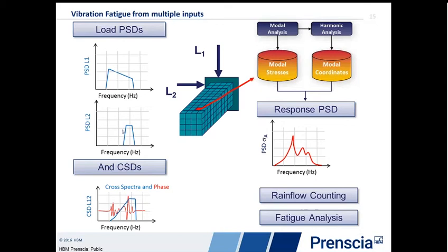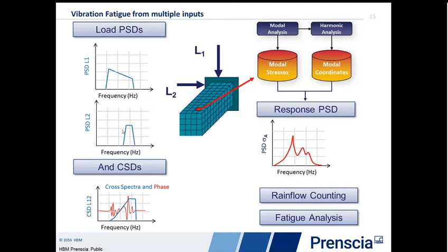And remember, the PSDs do not have any phase information. So for every pair of PSDs coming in, we need to bring in what we call a cross-correlation matrix. This cross-correlation matrix is cross-spectra and phasing between the two sets of loads going in.